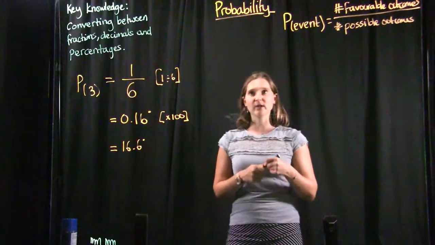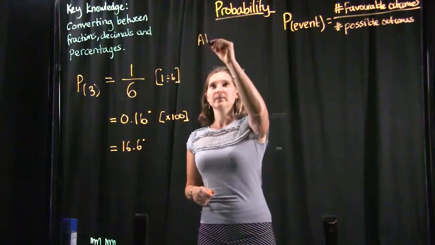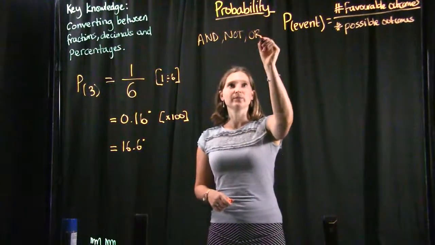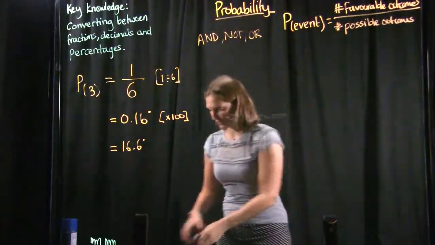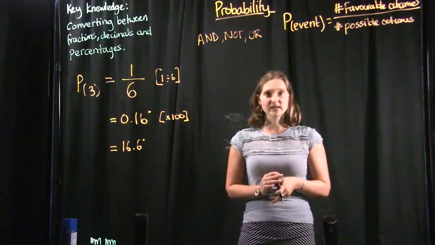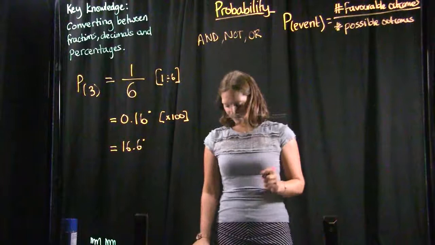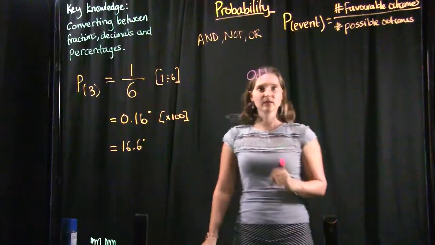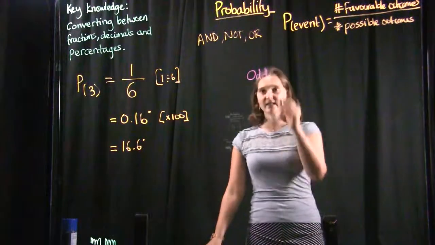So the 3 words that we're going to be using are and, not, and or. And we're going to do an example of each one of those now. So let's say we'll stick with the dice, and we want our event to have an odd number. All right, so we'll do an odd number that is less than 4.